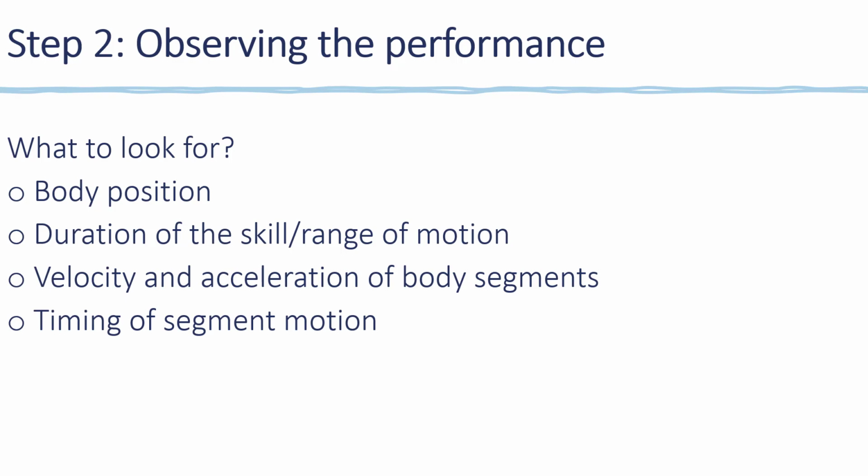So, these are some of the features that you can look for. Things like the position of the body or the body segments at crucial moments during the performance, the duration and the range of motion of the body and its segments, the velocity and the acceleration of segments, and the timing of body segment motions relative to each other. So those are all different cues that you can look for when you're observing a performance.